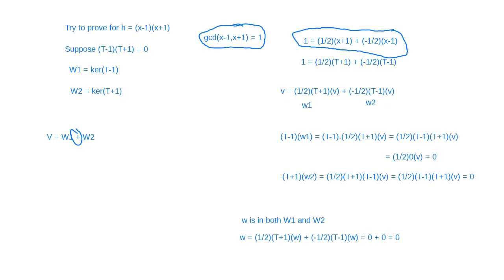Oh yeah, and we also needed that when you multiply the two polynomials together, you get 0. So those three things, really this fact, are the key points.